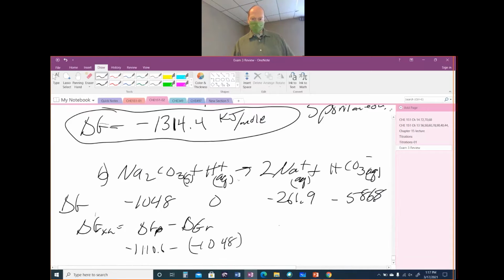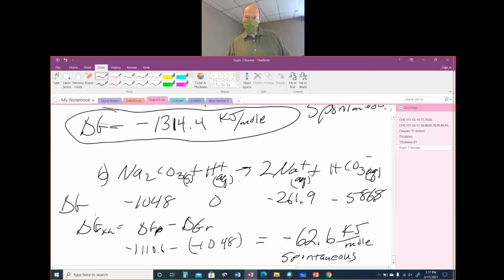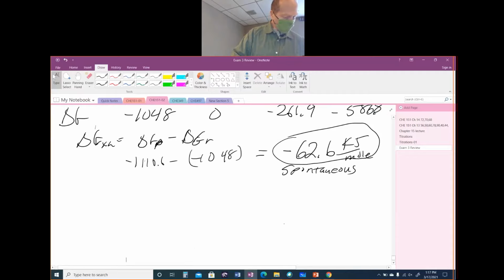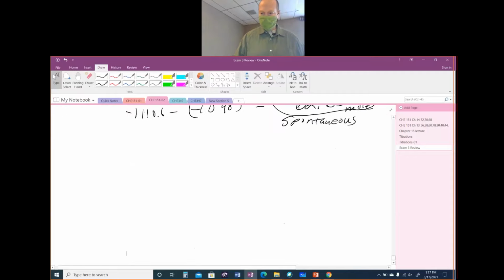And so our delta G for this reaction is negative 62.6 kilojoules per mole. And so again, this is spontaneous. All right, so products minus reactants problems should be very, very simple.